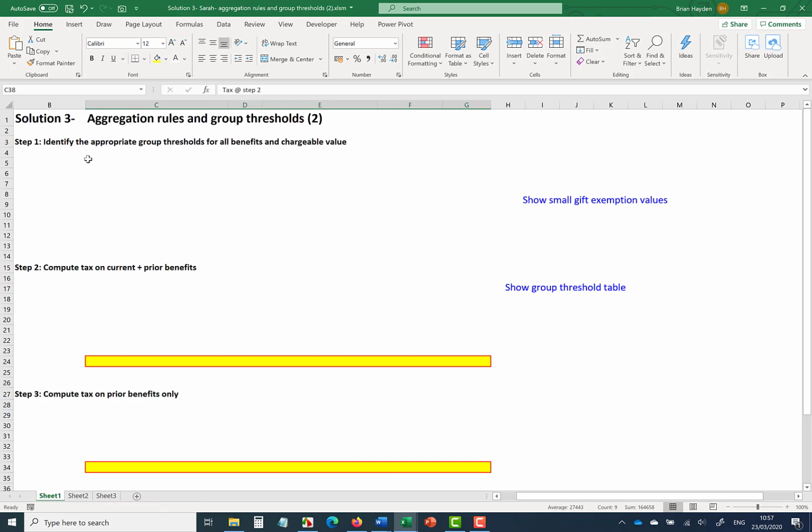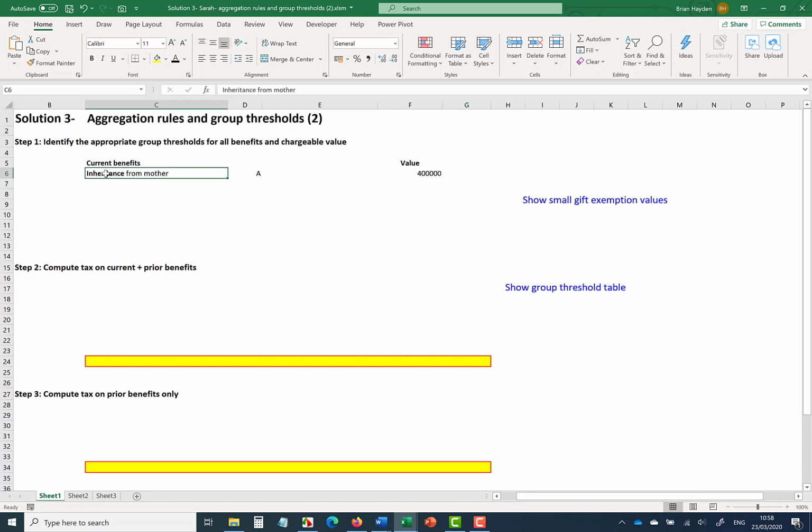So you have to compute the CAT arising on the benefits, and I'm going to switch now to the solution. So again, what we first of all need to do is identify for each benefit, both current and prior, what's the appropriate group threshold. And once we've done that, we can then take the relevant prior benefits plus the current benefits and figure out the tax on the sum of the total. So we've got the inheritance from her mother as a Group A, and it's a €400,000 benefit.